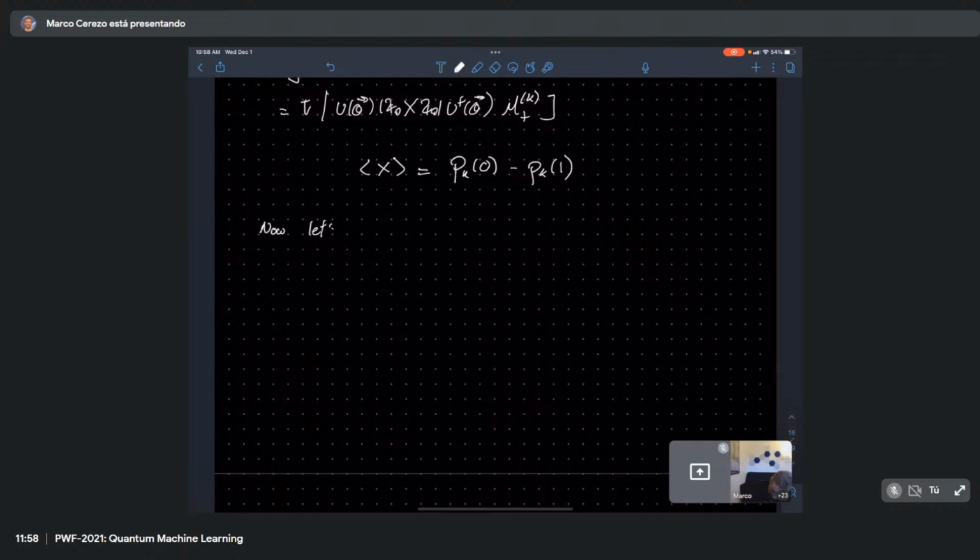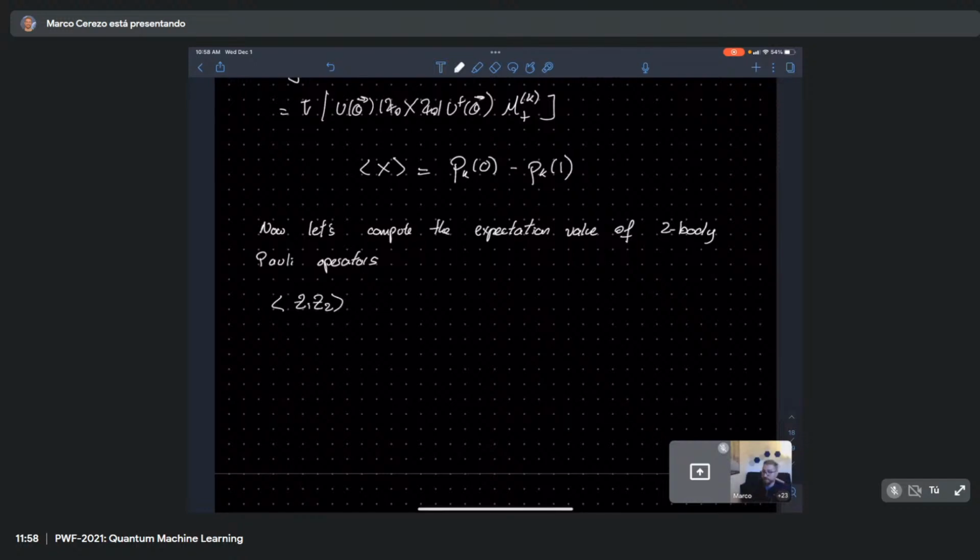Let's compute the expectation value of 2-body Pauli operators. So for instance, we want to compute the expectation value of Z1 Z2, right? How do we go ahead and do this?